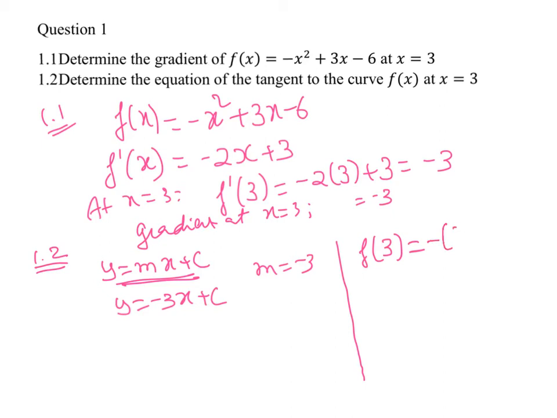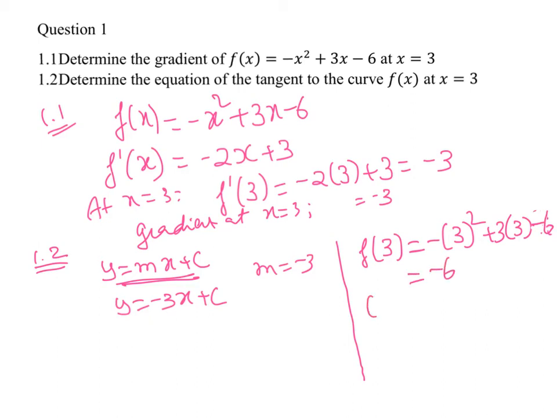So it is negative 3 squared plus 3 times 3 minus 6. And it will give me negative 6.